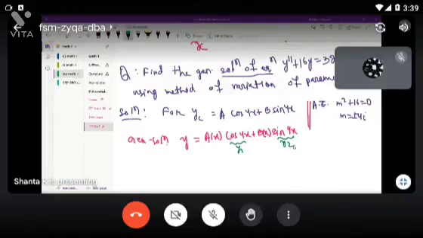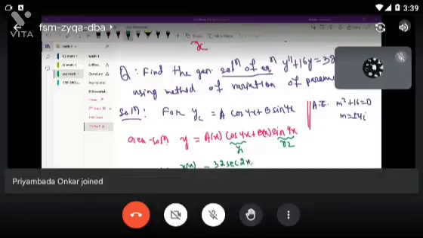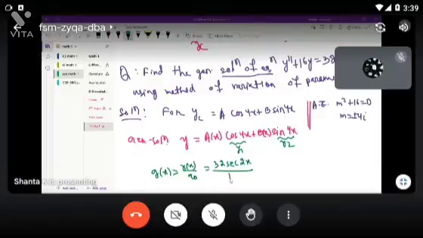Okay. So next we will find g(x). g(x) is r(x) by a naught. So we look at here, r(x) is 32 sec 2x, and here a naught is 1.